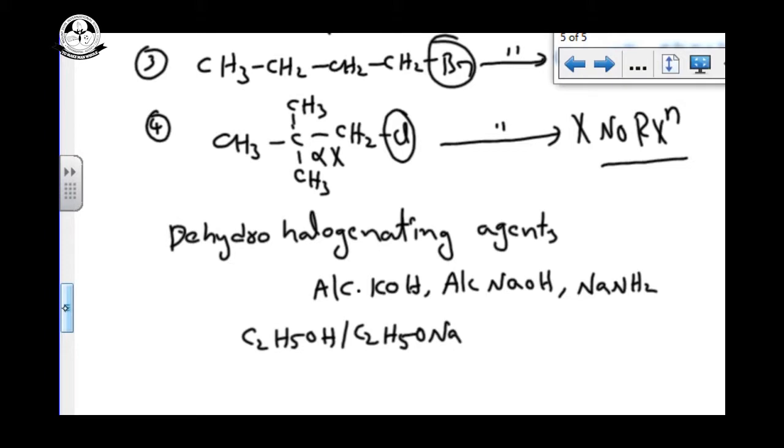All these undergo E2 reaction. E2 means bimolecular elimination reactions.